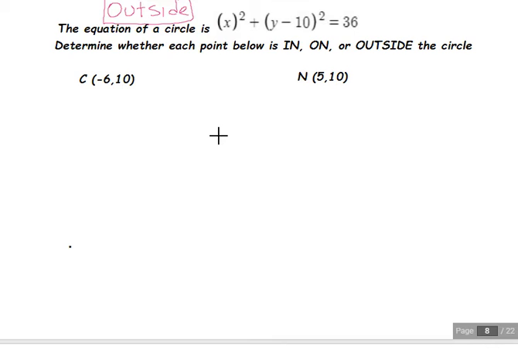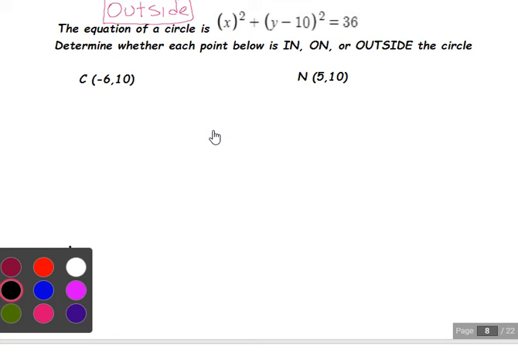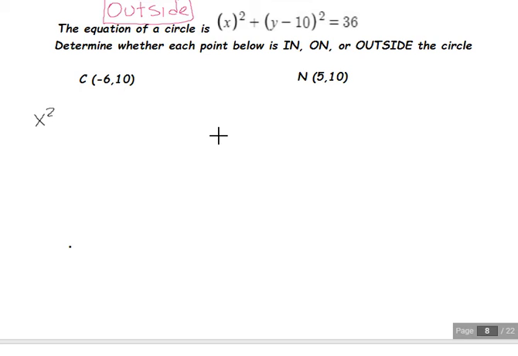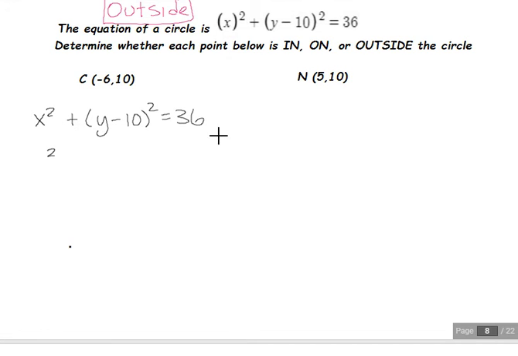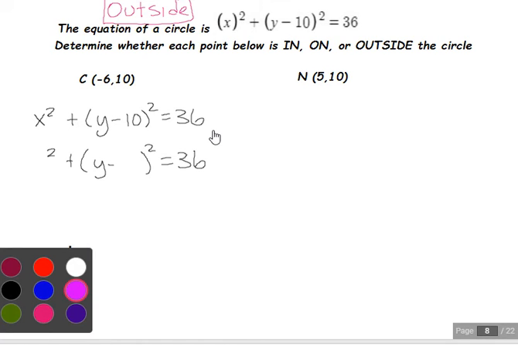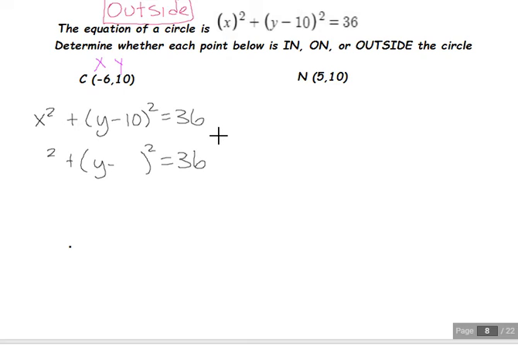Okay, so we'll start with x squared, y minus 10, 36. Okay, so we have negative 6, which I'll put in parentheses, and then 10 for our, ooh, I messed that up.